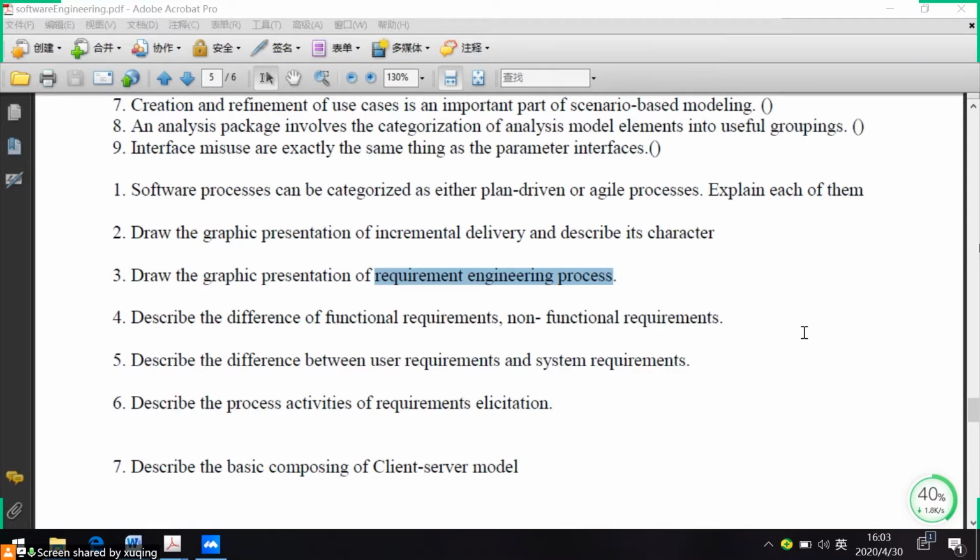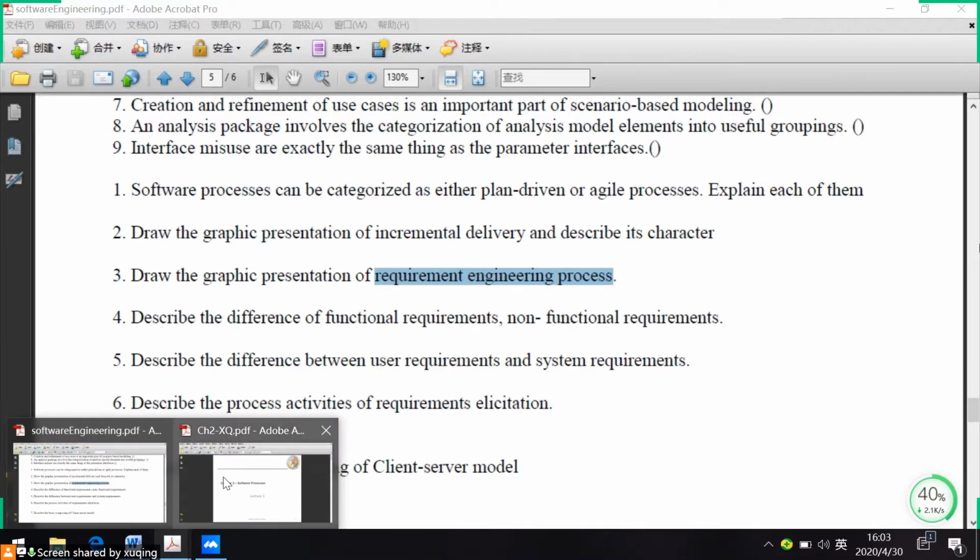In fact, if we follow the process, elicitation and analysis is the second one. Later we have specification, and at last we have the validation. But what is the first activity involved in this process?